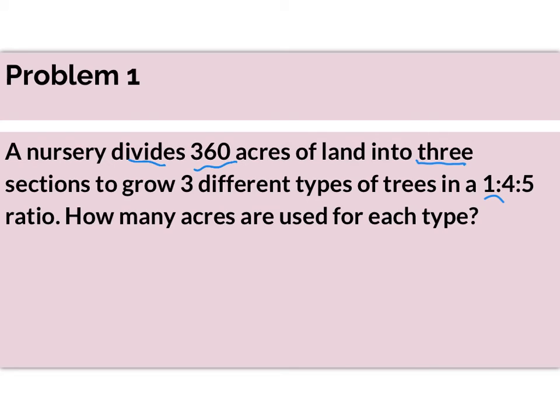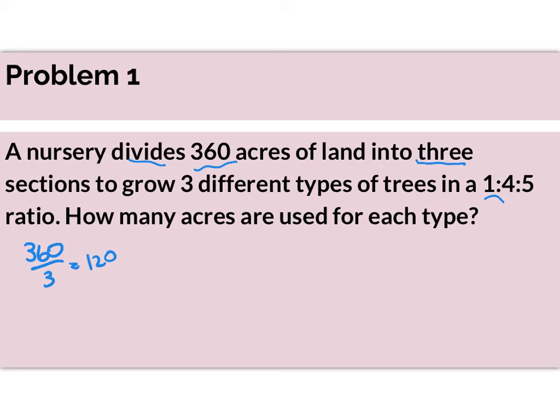So now, the first thing you got to do is do 360 divided by 3 equals how much? 3 goes into 36 12 times and bring down a 0. So now we have 3 strips of 120 acre plots of land.